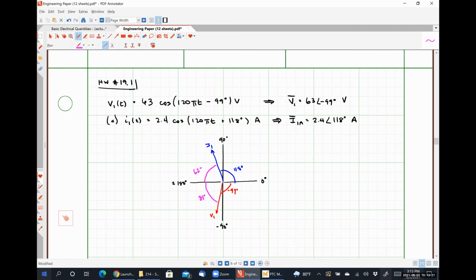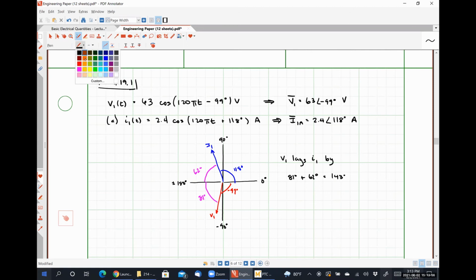So we could say that the angle is 81 degrees plus 62 degrees, equal to 143 degrees. So when you're finding lagging, you go clockwise, and if you're trying to find the angle it's leading by, you would go counterclockwise.